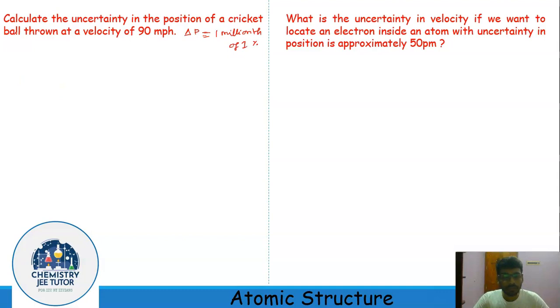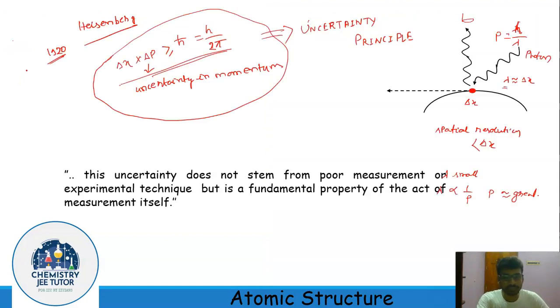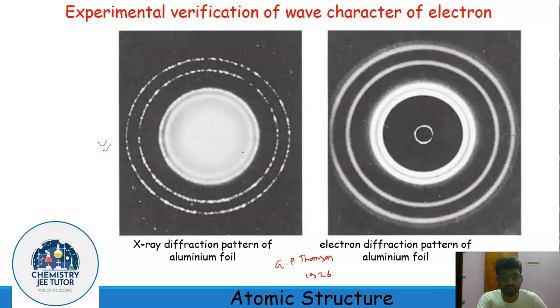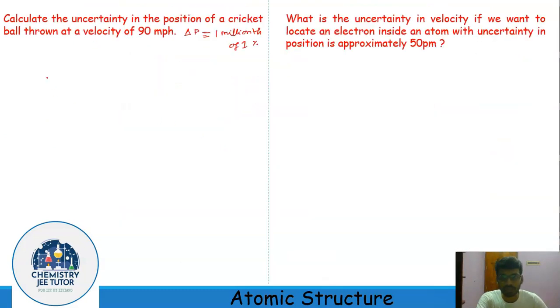Okay, so we have seen before that our momentum P was 4.025 kg meter per second, and the uncertainty will be 1 millionth of 1%. So delta P will be 4.025 into 10 to the power minus 8 kg meter per second.